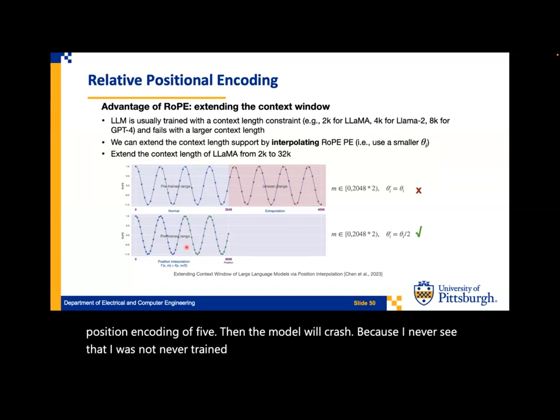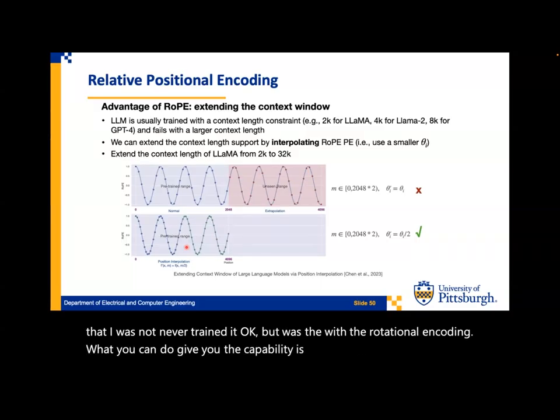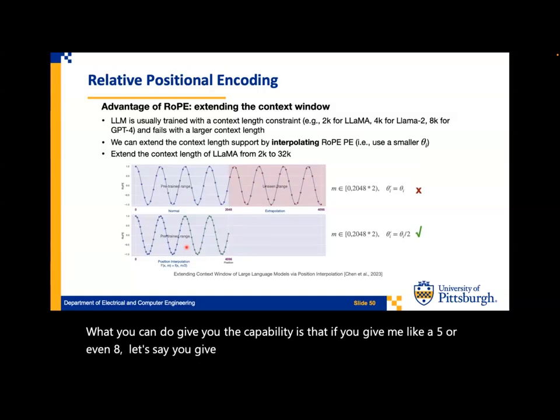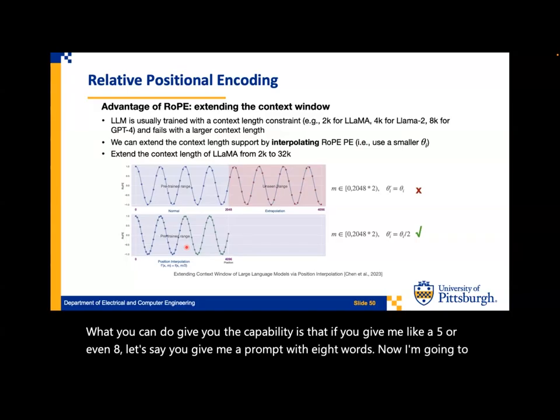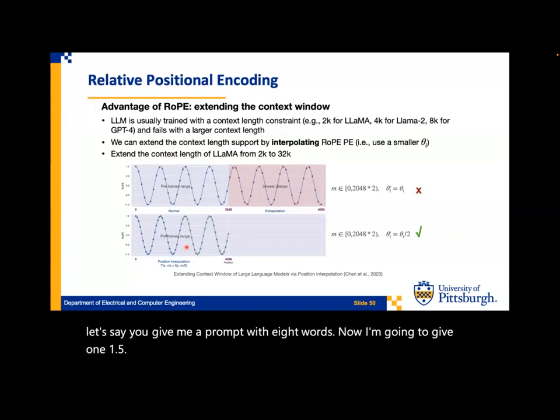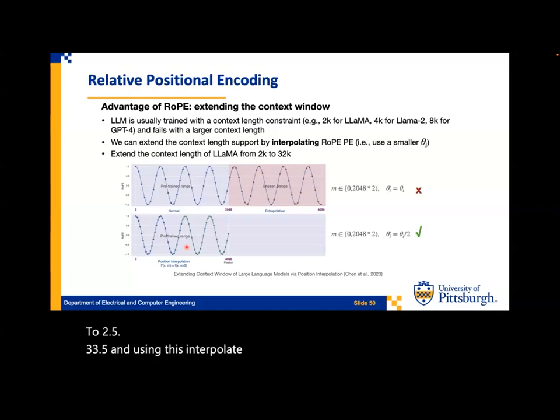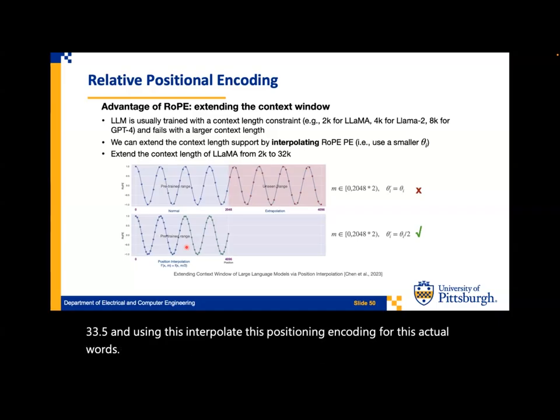But with rotational encoding, if you give me a prompt with, let's say, 8 words, I'm going to give 1, 1.5, 2, 2.5, 3, 3.5, and so on, interpolating the position encoding for these actual words. Does that make sense?